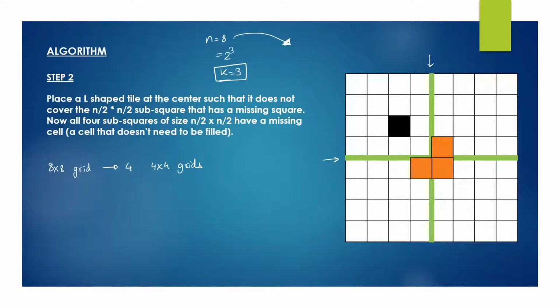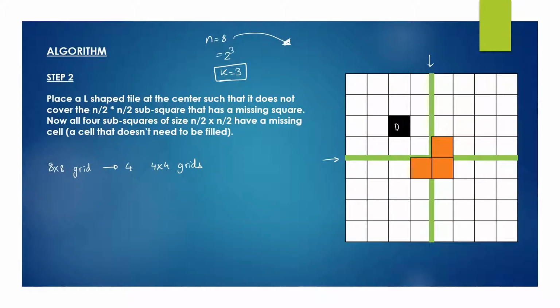Now the algorithm states that when you first divide into smaller 4 cross 4 grids, next you place one L-shaped tile such that it covers all the smaller subproblem grids in such a way that the square that originally has your defective tile does not have a part of your L-shaped tile. In this case we see that our top left 4 cross 4 grid has our defective tile here.